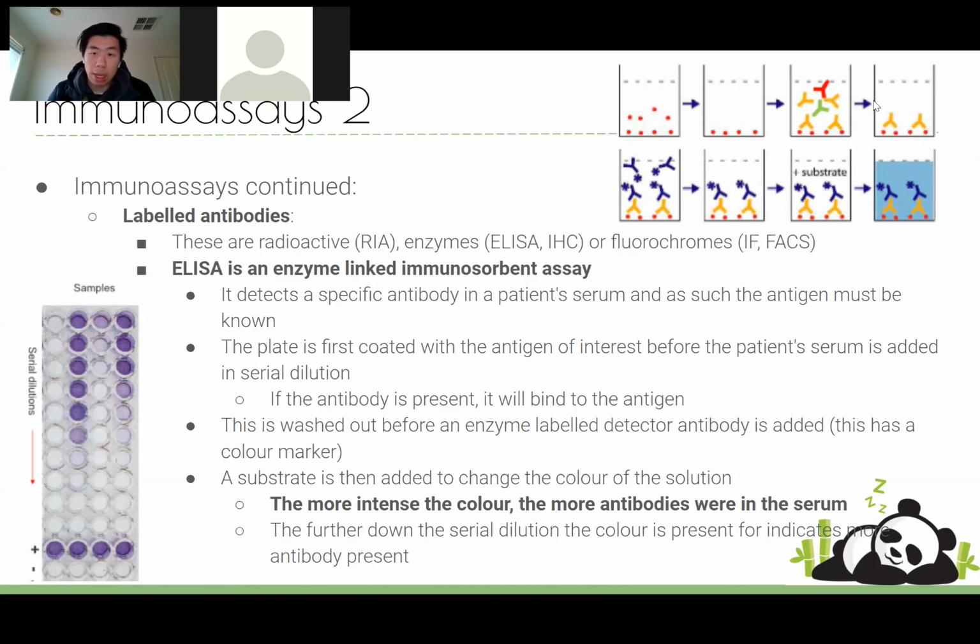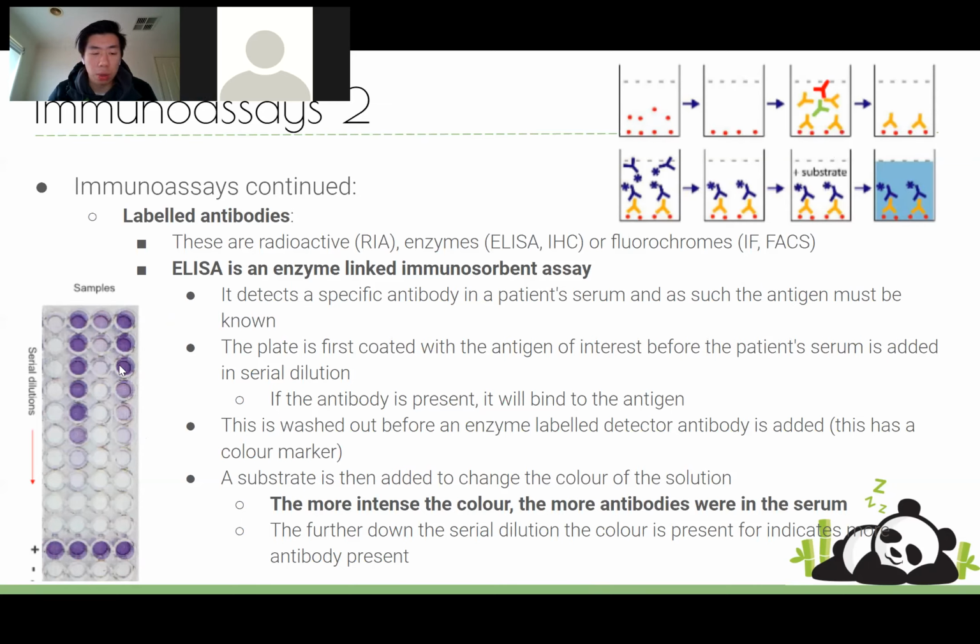These are washed again, and labeled antibodies with a color attached are added. If they have a color attached, you add a substrate and it will change color, which allows for serial dilution. The more intense the color, the more antibodies are in the serum.